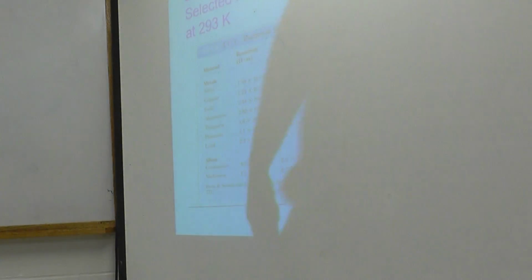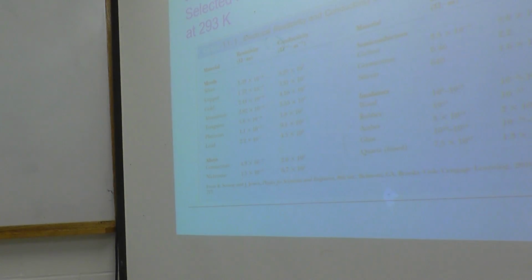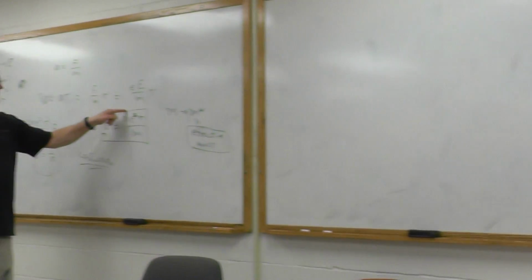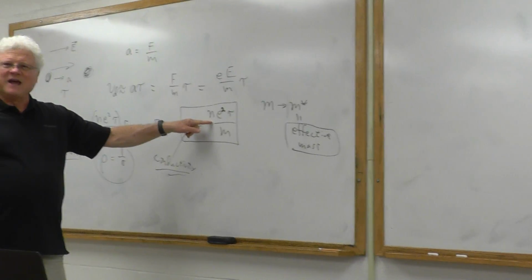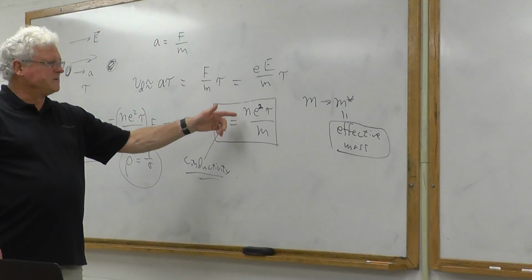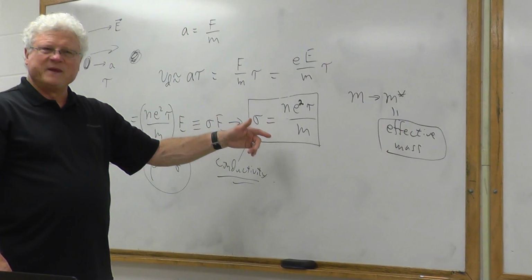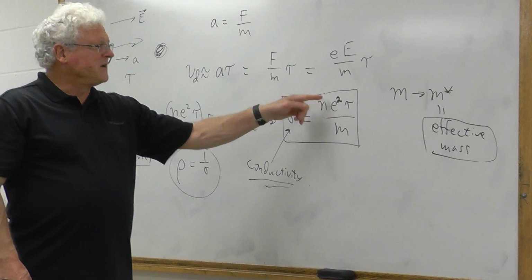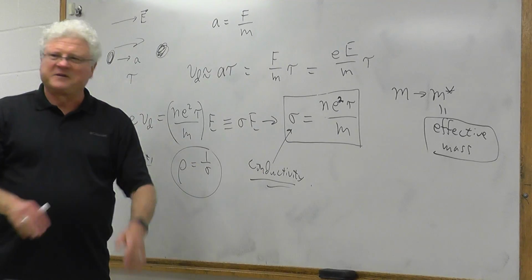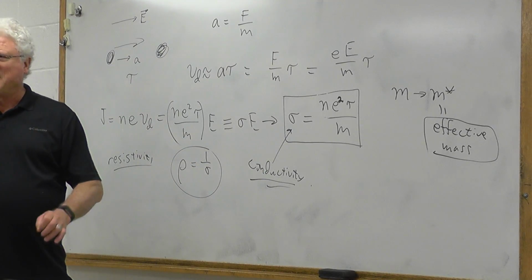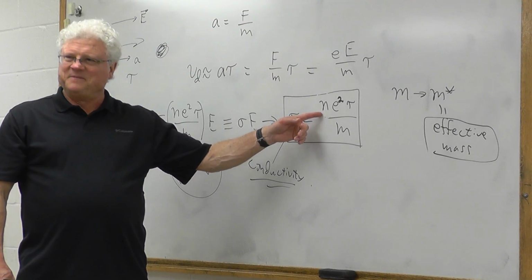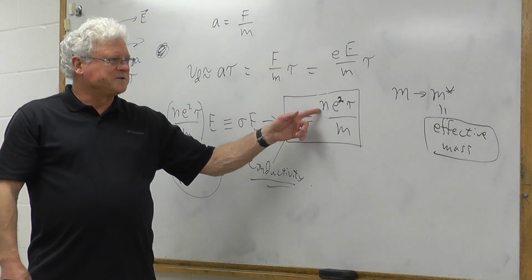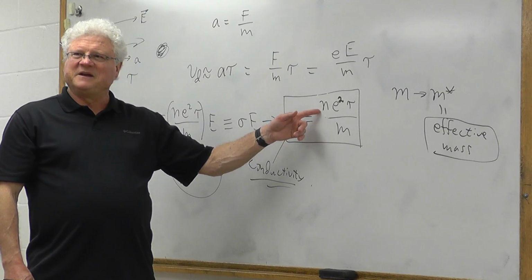The conductivity goes way down because N, the number of carriers, is small. In an intrinsic semiconductor with no doping, no donors or acceptors, N is the number of carriers thermally excited across the band gap into the conduction band. So that's clearly a function of temperature.